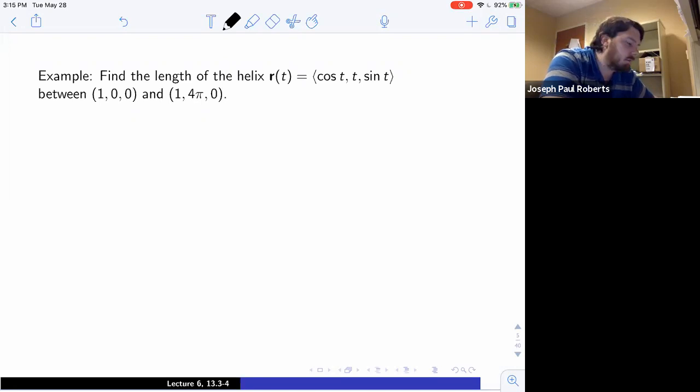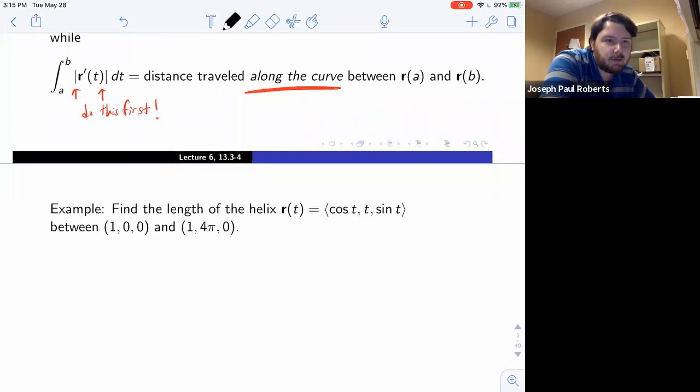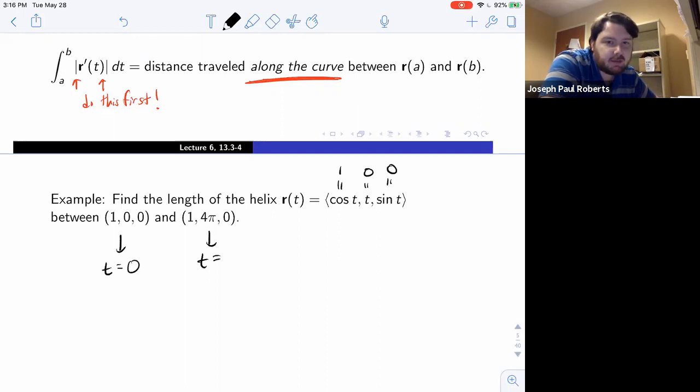So when you look at this formula, I need to figure out what a and b are. And so a and b are going to correspond to whatever the t-values are for these given start and end points. You know, a and b are just numbers here. They're not vectors. They're not points. And so I have to look at 1, 0, 0, and okay, what value of t makes r of t equal to 1, 0, 0? Well, without too much trouble, you see that that's t equals 0.